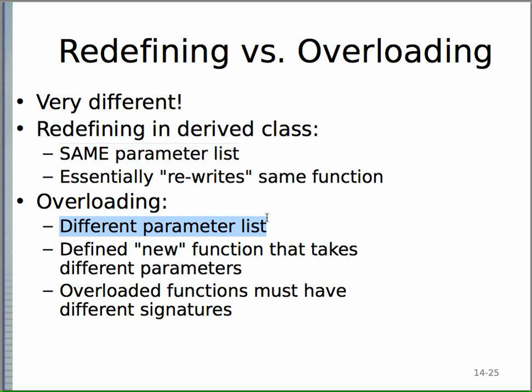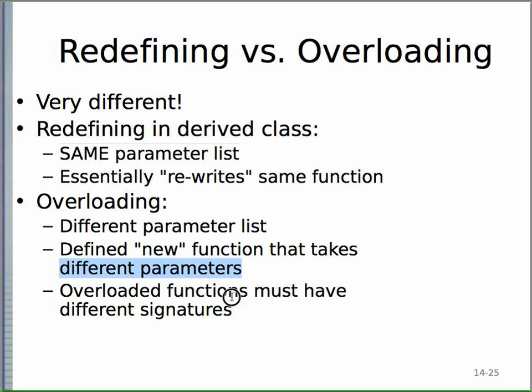That is, it has a different signature. That's the technical term we use. Overloading is when we have two member functions with different signatures. You can have a new function that takes different parameters. That's still overloading. So if you have a base class member function, add, and you have a new function in the subclass or the derived class that takes different parameters, that's overloading.